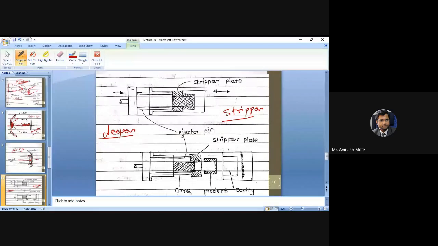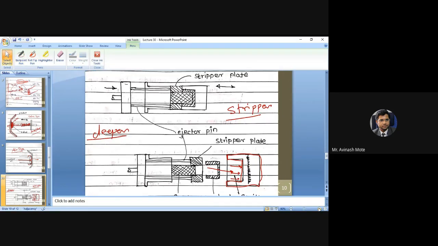So what is there, see, this is the component, I'm showing it with the red color. This is the component, and here is the cavity of the component. So when there is a very deep component, a similar kind of stripper is used, which will be exactly adjusted inside the cavity.